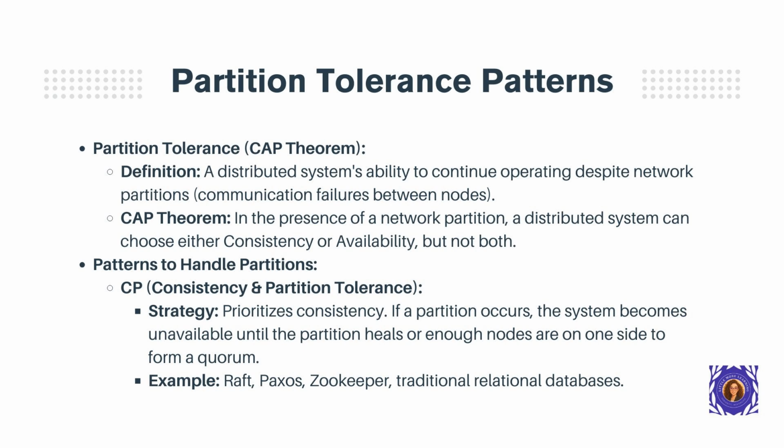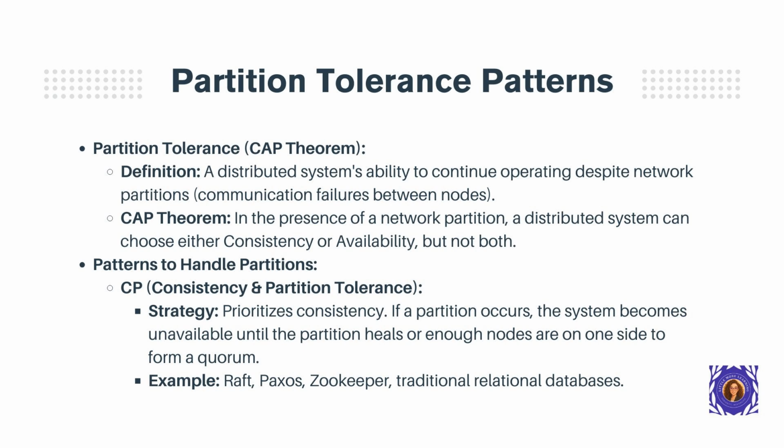The CAP theorem states that in the presence of a network partition, P, a distributed system can only choose to prioritize either consistency, C, all nodes see the same data at the same time, or availability, A. Every request receives a response, but not both simultaneously. You must choose one during a partition.